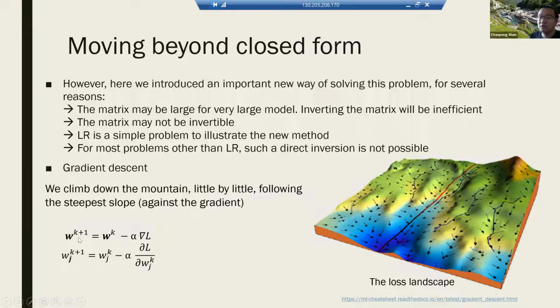In the multi-dimensional case, the k plus 1 is the newer guess. So it's graphically equivalent to knowing this slope and then taking a walk down along that slope. For one parameter, this is w_j minus alpha times del L over del w_j.